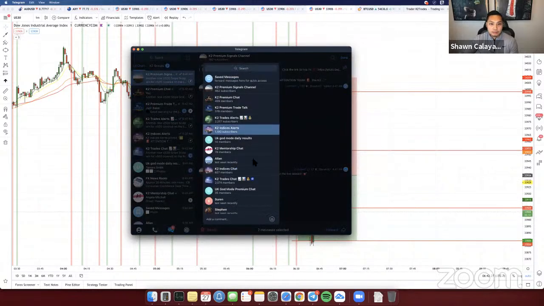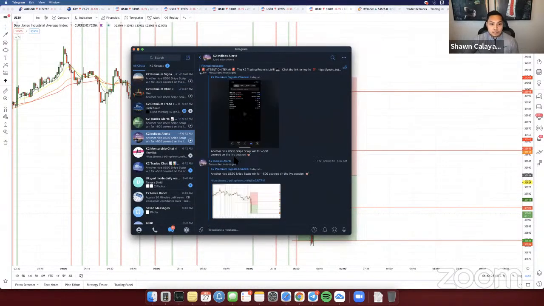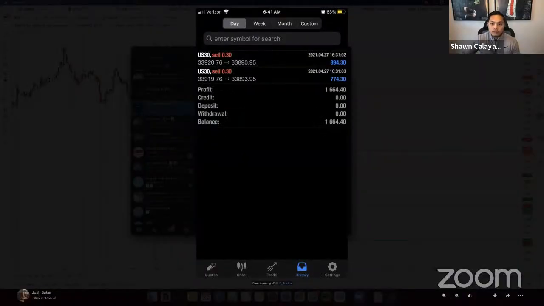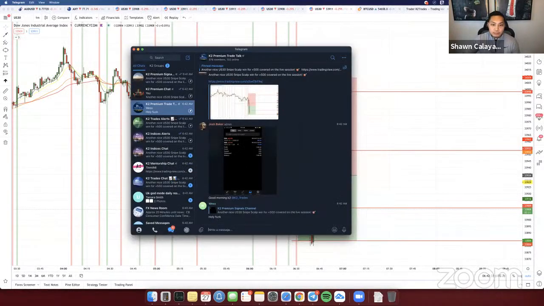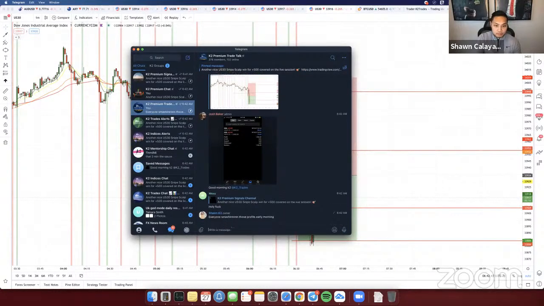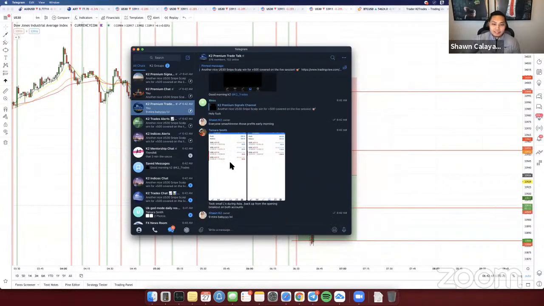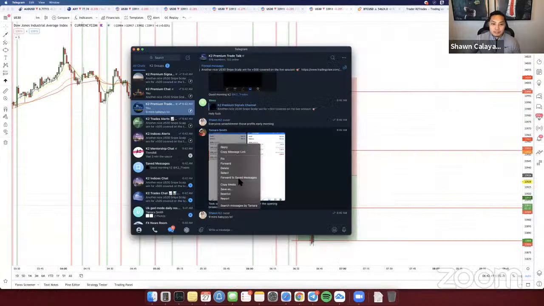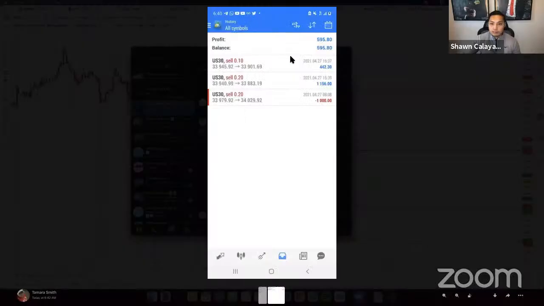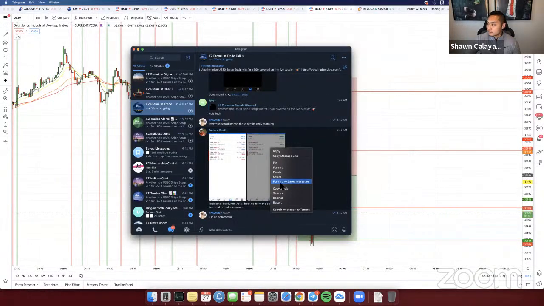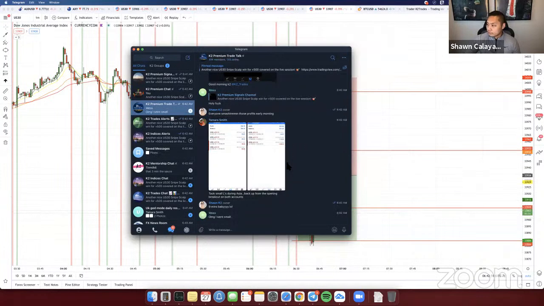Let's see what he got. Josh locked in 1,664. So everyone over here locked in heavy profit off this. Nice. Let's go. Tambo here locked in 286 off her first account. Her second account 595. So nice work, everybody.